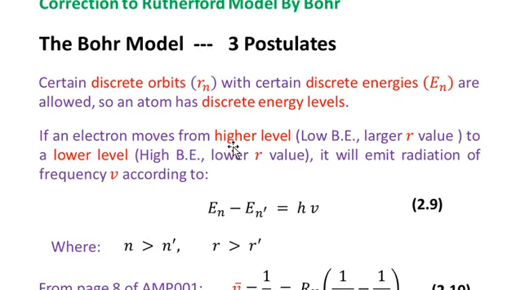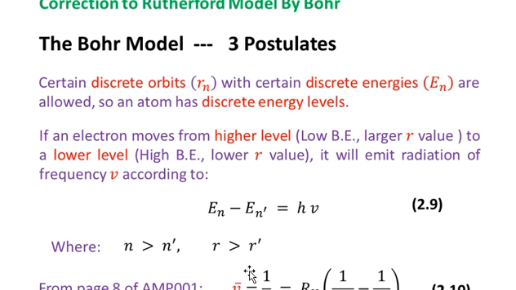So when the electron moves from a higher level to the lower level, it will emit radiation of a frequency nu according to this formula. En minus En prime, that is the difference between the two binding energies of the electron between these two states, will be equal to h nu. And h is the Planck's constant, and nu is the frequency of the photon emitted when the electron moves from the state n to the state n prime, where n is greater than n prime.